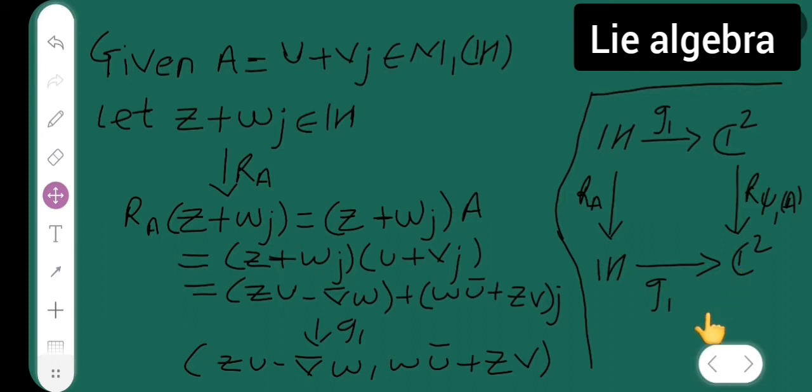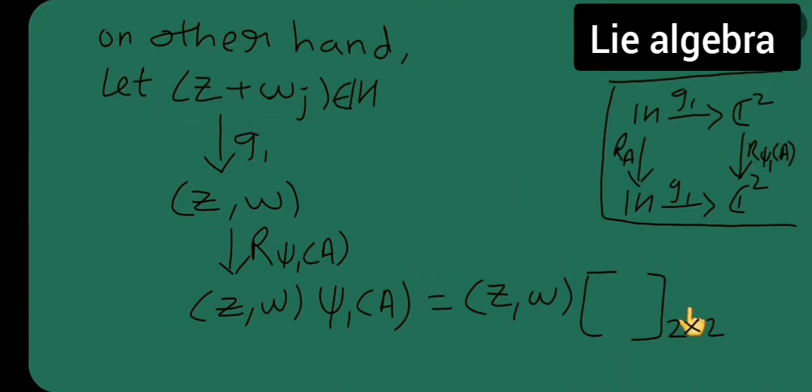Next, for the second part, part 2, I will start from H and come here, from this side. Let z plus wj belong to H, and this H part into this, meaning G1.